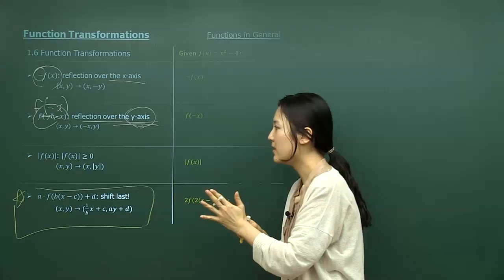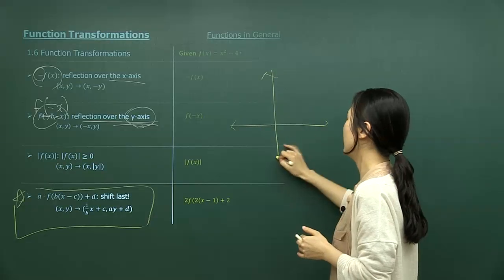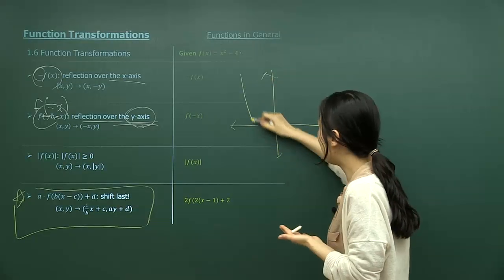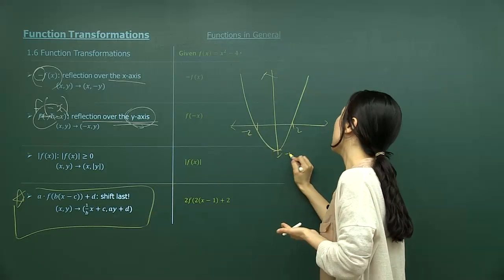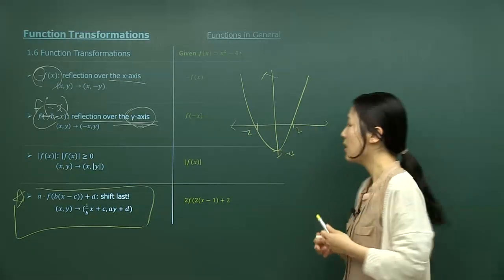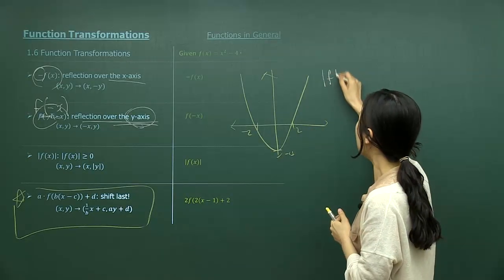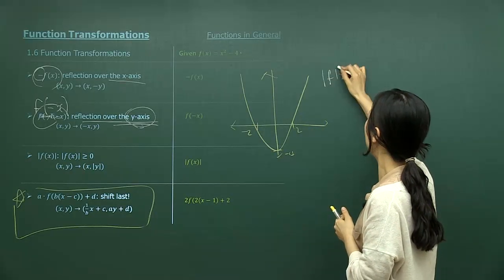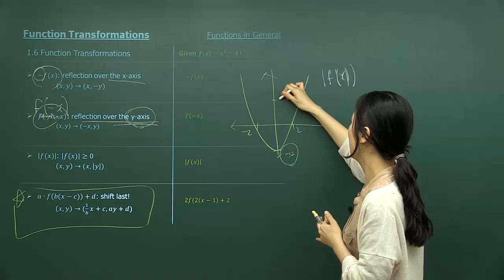So your y values, if you think about it, will all become positive. So if it was already positive, it's not a problem. But if you had some negative y values, right? When you put absolute sign around it, every negative value becomes positive. Hence, this too becomes positive, right?